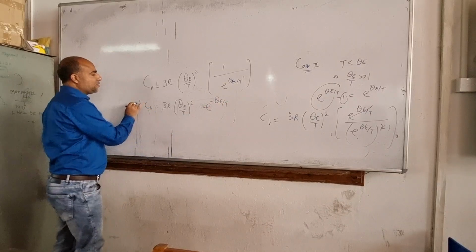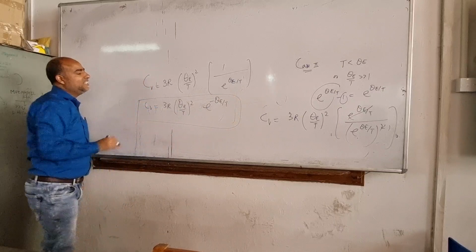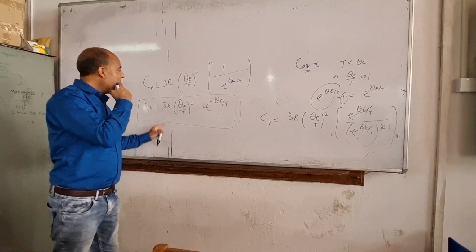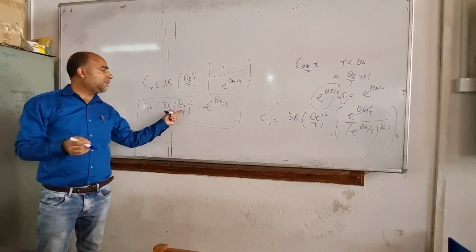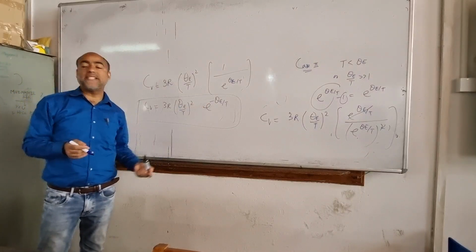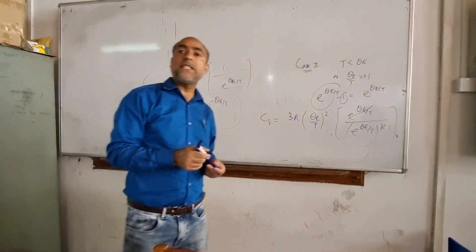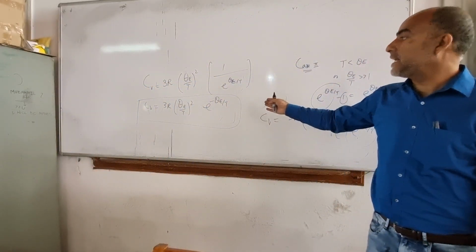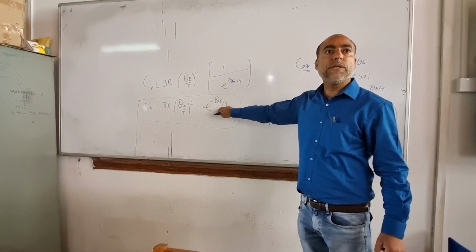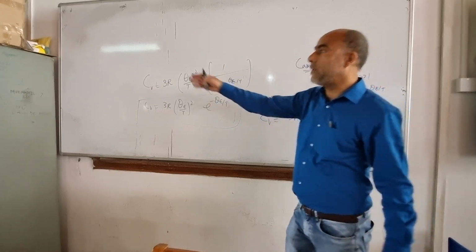So in this case you are not getting the result only 3R, but you are having some additional terms like (theta E by T) square and e raised power minus theta E by T. It suggests that the specific heat is decreasing exponentially. This is an exponentially decreasing function.